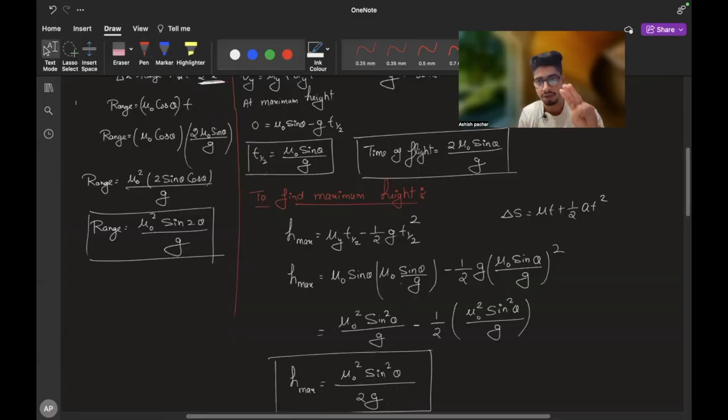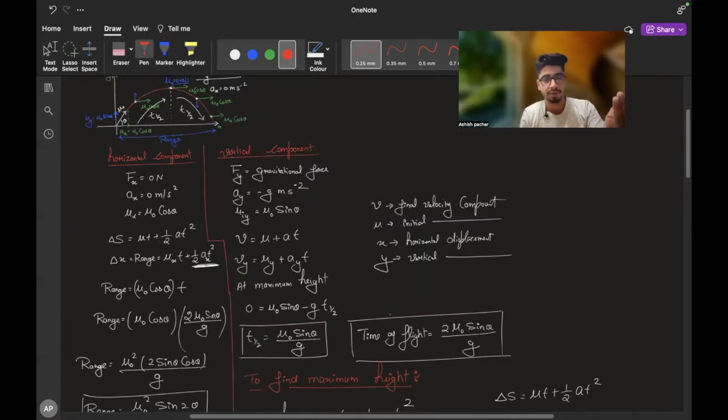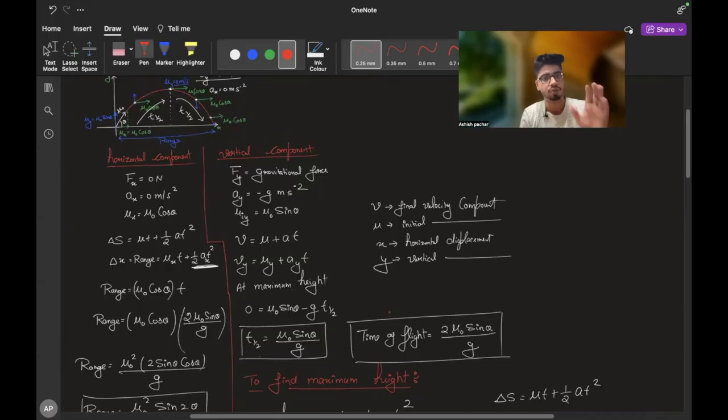There are 3 to 4 types of questions they generally ask, as per the information they give. Initially, we always have to find the time of the flight. We must know that, otherwise we are not going to solve any of the questions. Most of the questions involve it. And then the maximum height the projectile can reach and the range it can go.